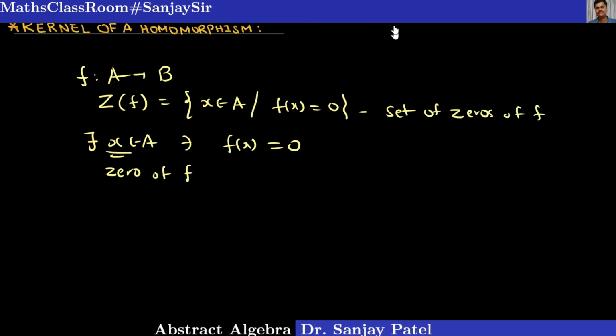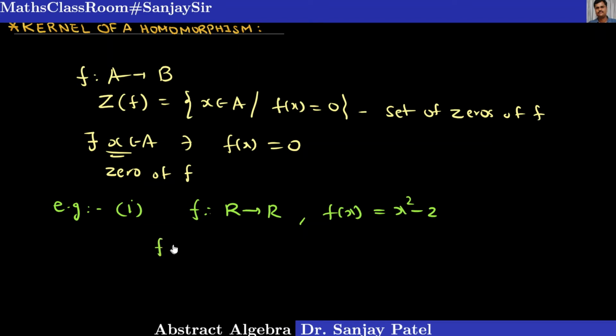For example, let us take one or two simple examples to understand the set of zeros. The first one, let me take f from R to R, defined as f(x) is equal to x squared minus 2. We want to find out at which point this function becomes 0. So we want to answer this question: f(x) equal to 0 for which values of x.